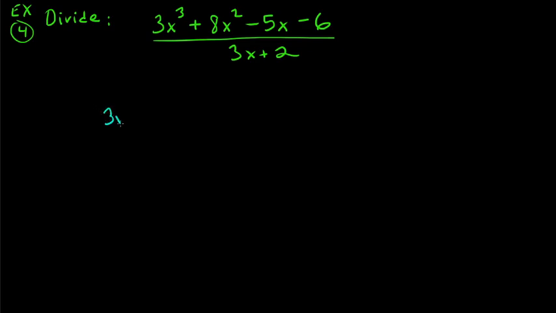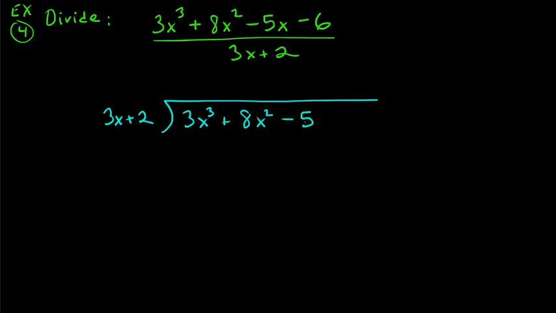You're just going to take the 3x plus 2 as the divisor, and the dividend is 3x cubed plus 8x squared minus 5x minus 6, right? No missing terms here, right? And that's usually the case. But again, if there's ever a 0, make sure you include it, right? Okay, all right, so yeah, try this, right? This should be a pretty standard problem if you just go step by step.